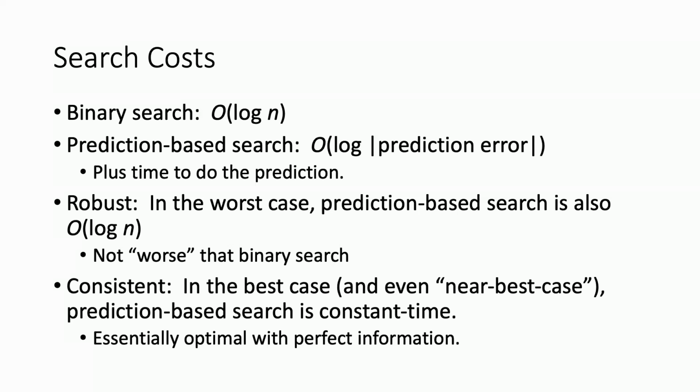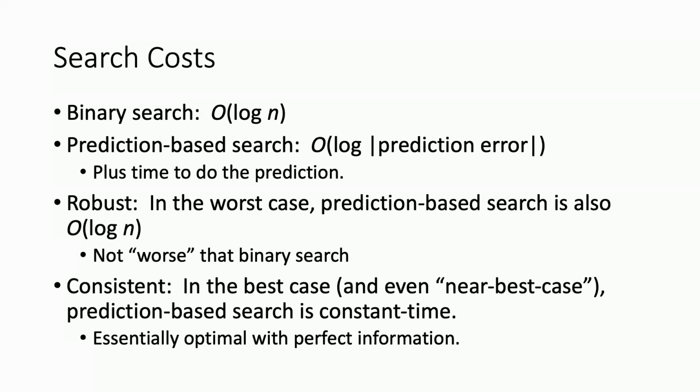Right, so a terminology you're going to see, and this will pop up in other places, is we call this solution robust, because even in the worst case, the prediction-based search is still order log n. So in at least the asymptotic sense, it's not even worse than binary search. There is a different constant factor. It's going to be a higher constant factor, but it's still a logarithmic solution. And another terminology you'll see sprinkled throughout is that it's consistent.